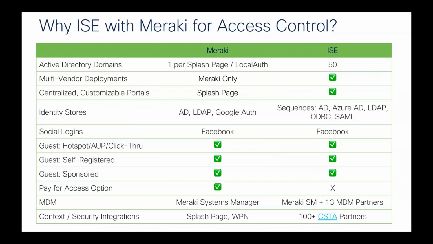The ability to do vulnerability assessment and threat-centric NAC and all these different things. We have over 100 Cisco Security Technology Alliance partners that we work with to do these kinds of integrations, so that when endpoints come into the network, you can begin to do vulnerability scans and other security services that ICE can't do. You need to rely on other security services.